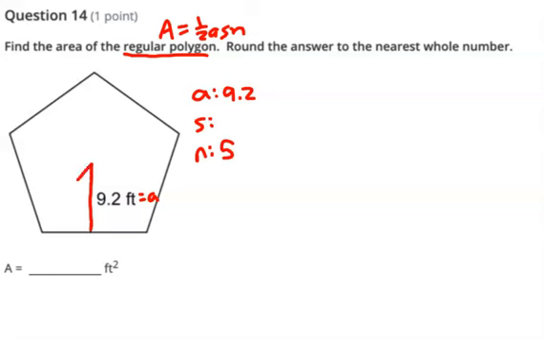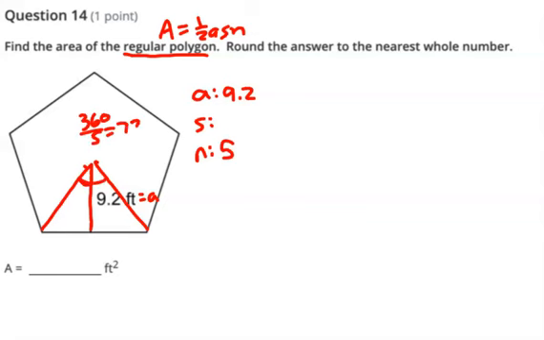What we like to look at is this triangle right here. What we need is this angle. We can get the entire angle by doing 360 divided by 5.